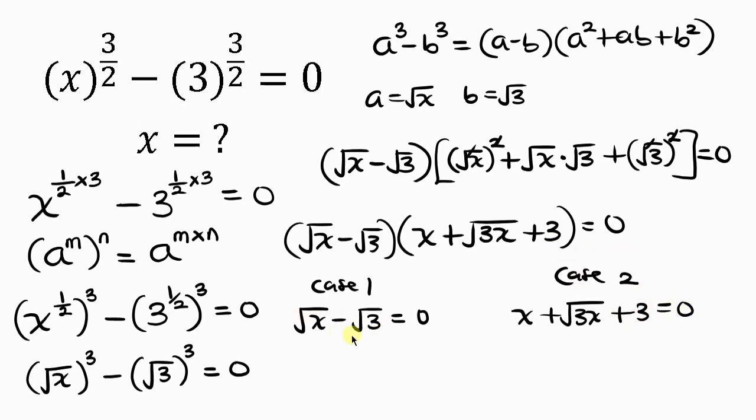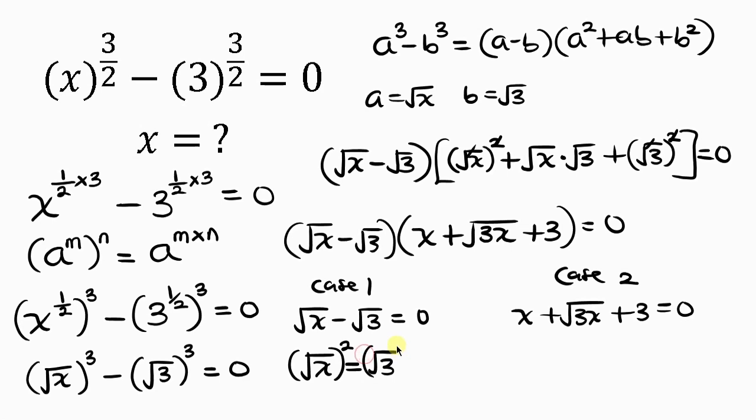So let's go with the first case. For the first case, we're going to be moving negative root 3 to the right hand side. So this becomes the square root of x. As negative root 3 crosses to the right, it becomes positive root 3. Now to get the value of x, our next step will be for us to take the square of both sides. So I'll take the square of the left hand side.